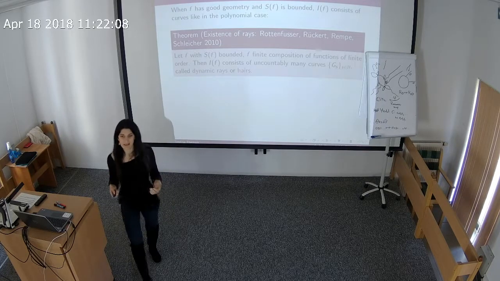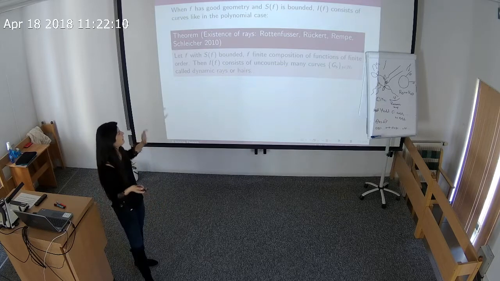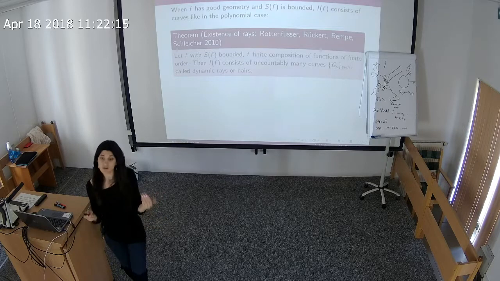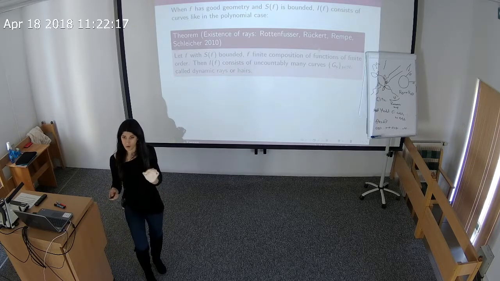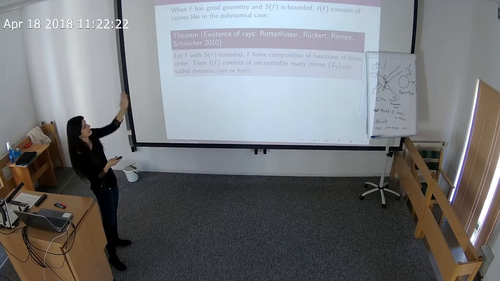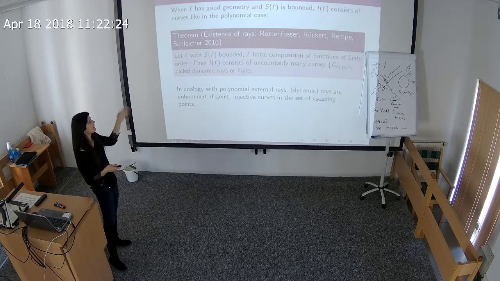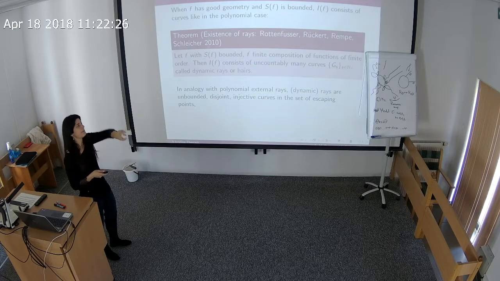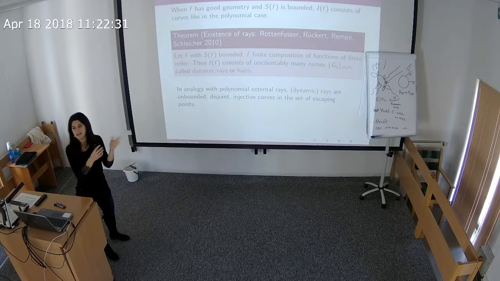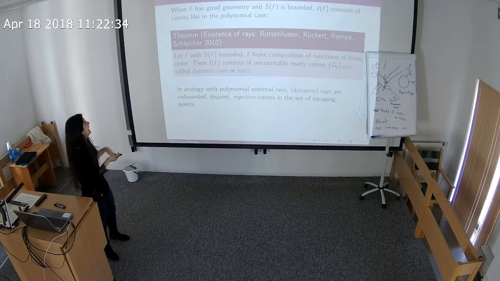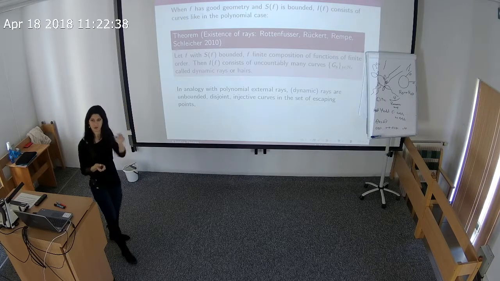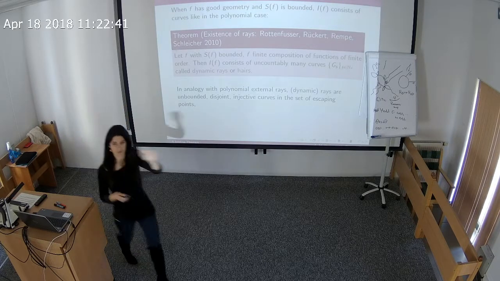But in many cases, namely when the set of singular values is bounded and you have some additional geometric assumptions that I don't want to get into, then you can show that the escaping set still consists of curves, and that these curves are endowed with symbolic dynamics, in the sense that the dynamics on these curves is conjugated to the dynamics of the shift map on sequences. So to each one of these curves, you can attach a label, which you can see as a sequence in Z to the n. And the dynamics, which maps one curve to the other, is semi-conjugate to the dynamics of the shift map, which maps a sequence to the shifted sequence.